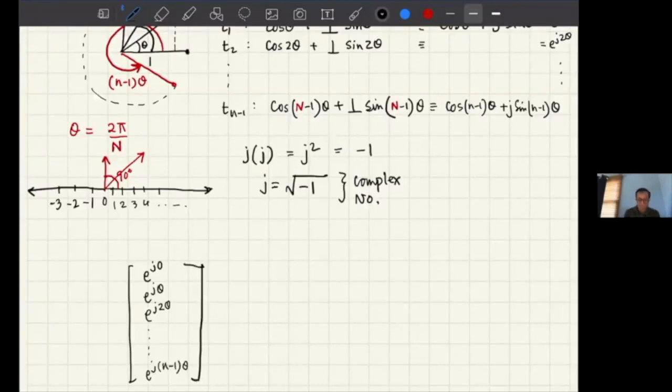This vector is nothing but a spinning stick which is spinning at the frequency of 1 cycle per n time units.